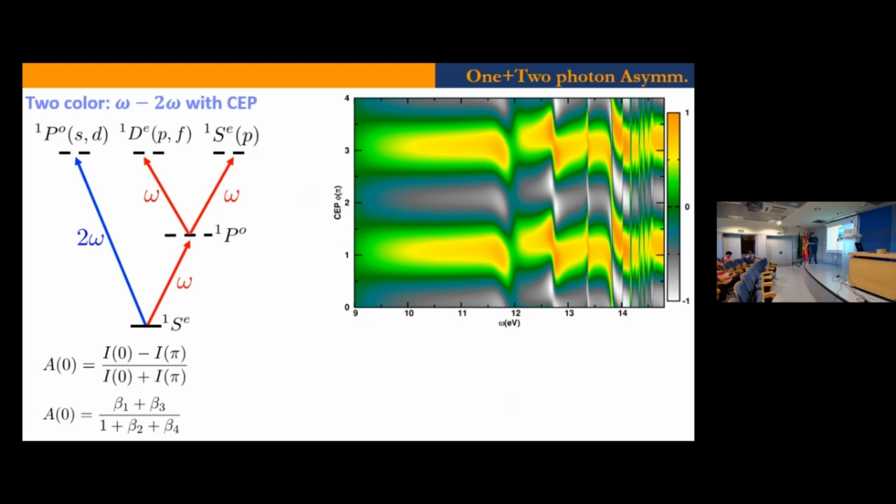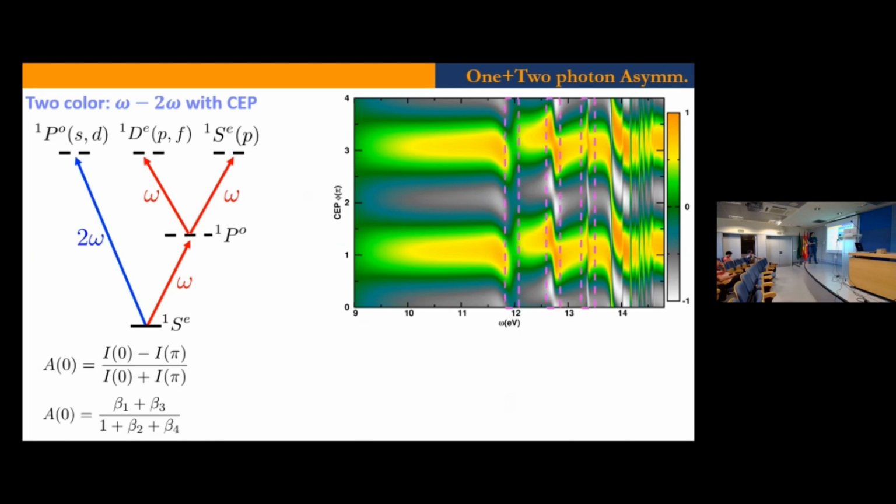So that means that in that way, we can control where the photoelectron is being emitted preferentially, either at 0 or 180. That doesn't mean that the electron is only emitted in that direction, but this is where it is emitted preferentially, at 0 or 180 degrees. So we can control that.